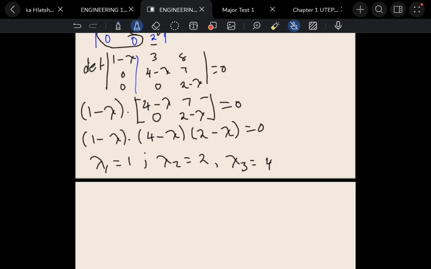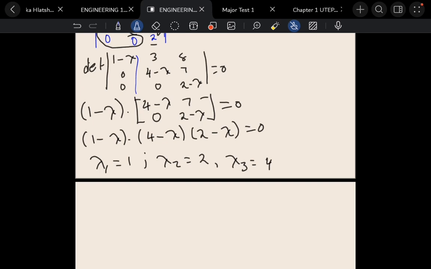So now we need to find the eigenvectors. To find the eigenvectors of this matrix, we will start by finding the eigenvector for lambda 1, and then for lambda 2, right? So how can we do that?